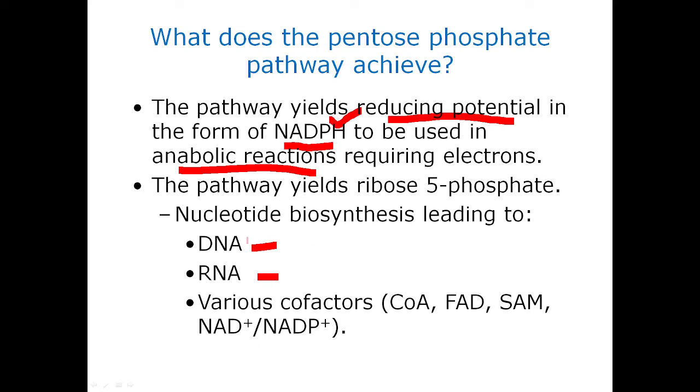So ribose is involved in DNA, RNA, and in various cofactors like coenzyme A, FAD, S-adenosyl methionine, or SAM, or NAD plus or NADP plus. In this case also, ribose 5-phosphate is needed. So basically, the aim of the pentose phosphate pathway is that we get reducing potential in the form of NADPH, and we get a pentose sugar, which we call ribose 5-phosphate.